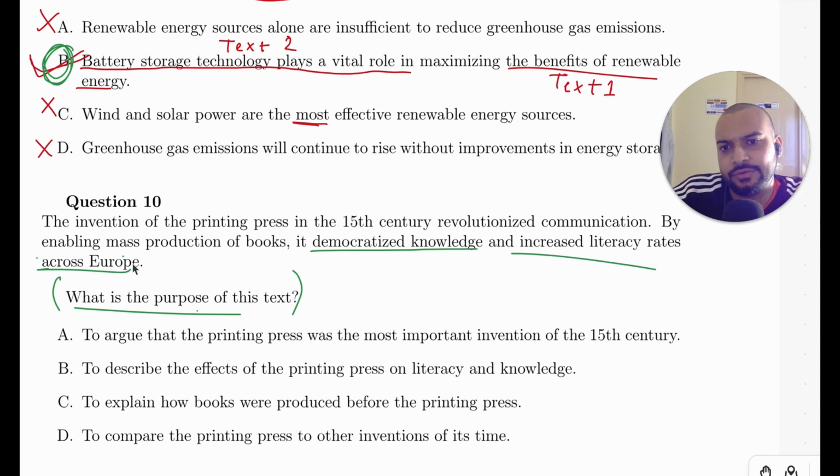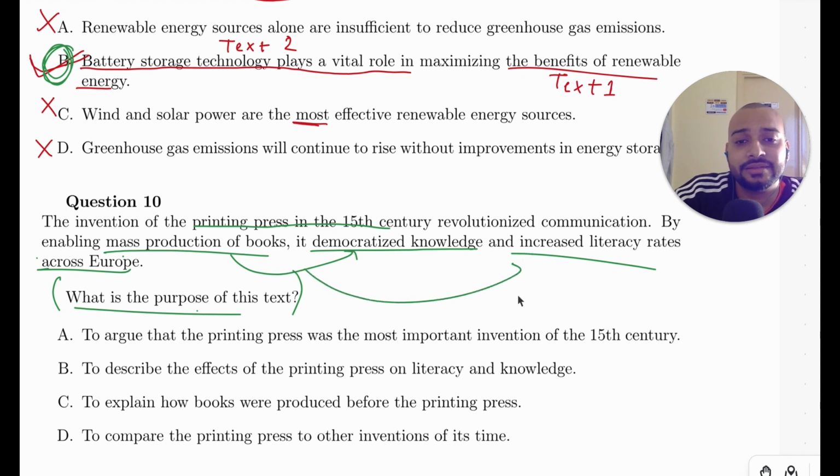Okay, first of all, they're talking about Europe, and they're talking about the printing press, which got invented in the 15th century. It revolutionized communication. How? By enabling mass production of books. And what are its impacts? It democratized knowledge and increased the literacy rates. Okay, so let's look at the options now.